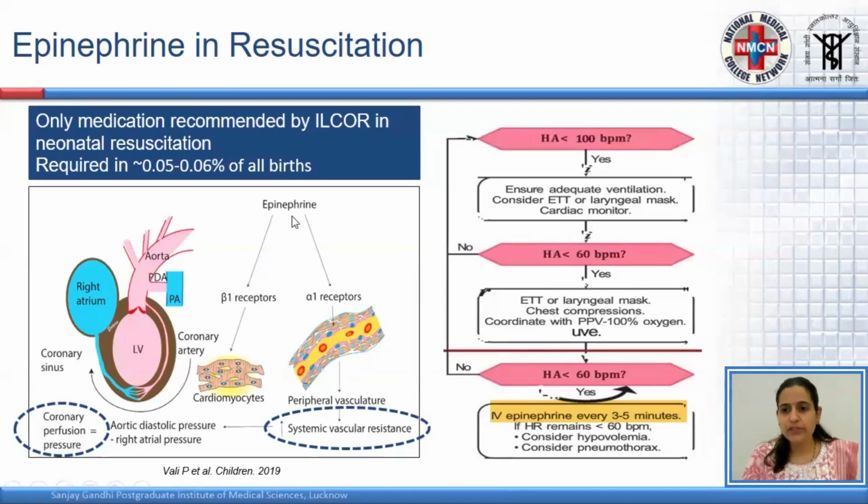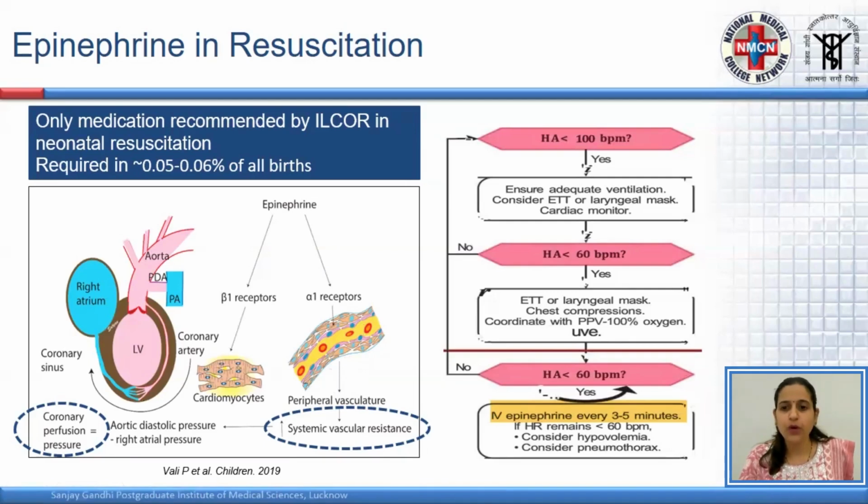These babies who have profound bradycardia and have not responded to chest compressions are going to have a very severely decreased coronary artery flow. Epinephrine is a very strong vasoconstrictor.